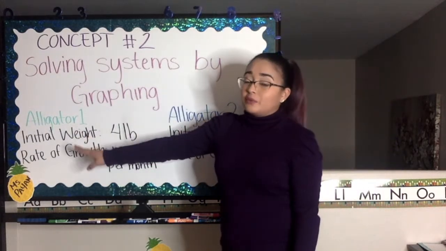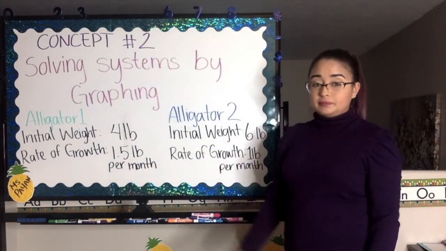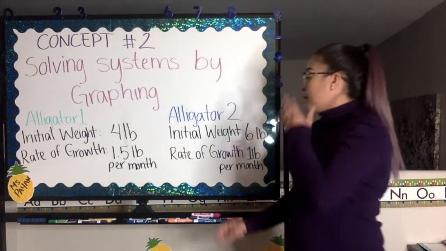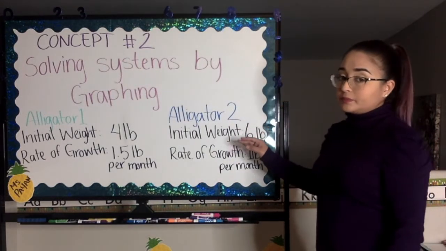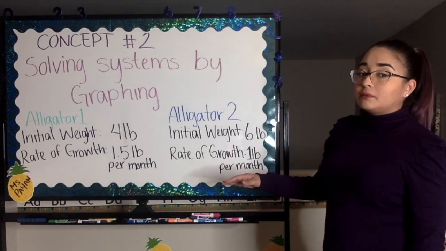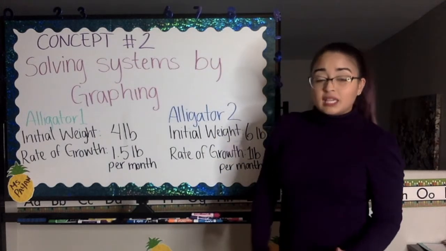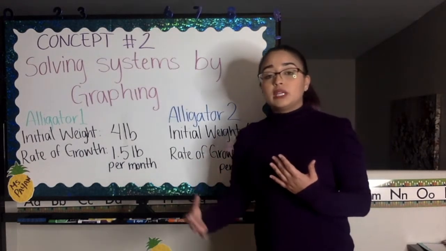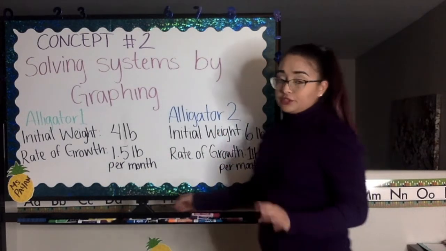Then we have rate of growth, which is 1.5 pounds per month. Okay? For alligator 2, we have an initial weight of 6 pounds, a rate of growth of 1 pound per month. So the time lapse that we're using is months, and the weight that we are going by is pounds, not ounces or anything like that, just pounds.